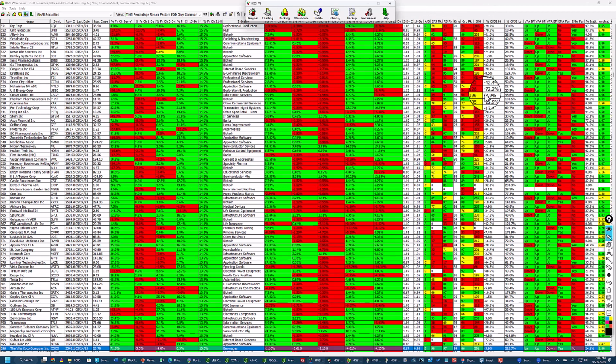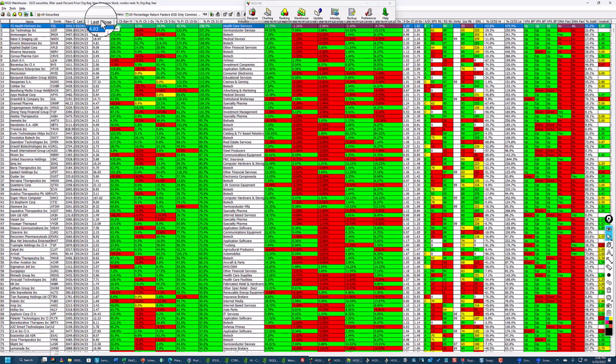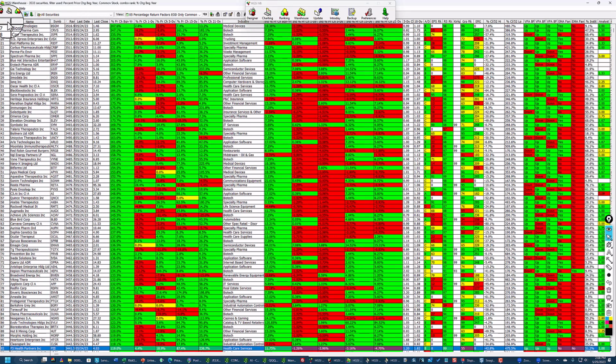But I'm finding, and I've known this for a while, and I've mentioned it before, that the EPS rank really has little to do with strong stocks or bringing these stocks to the top of the list.